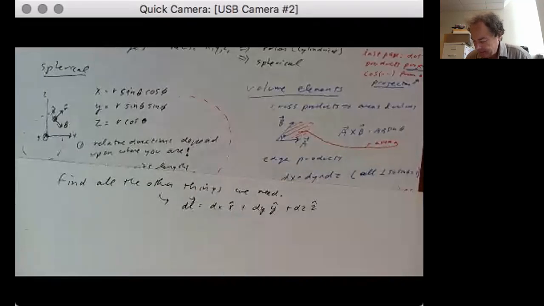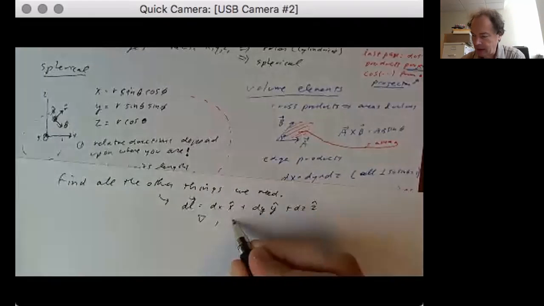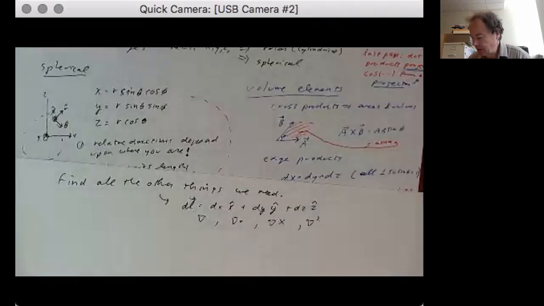And I'm talking about the gradient, the divergence, the curl, and the Laplacian. Those are the things that we're after.